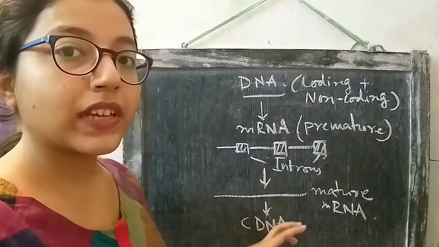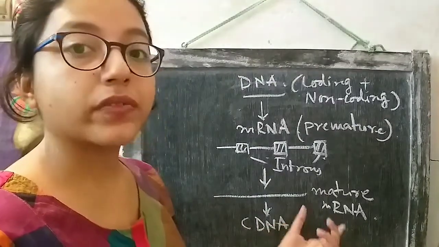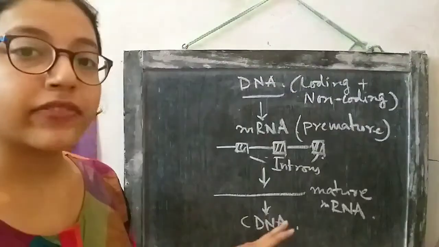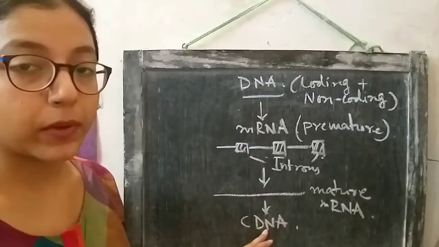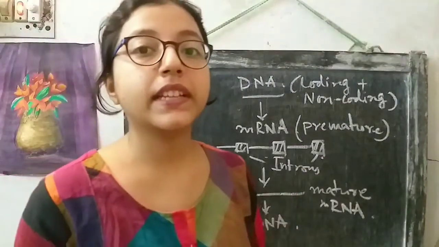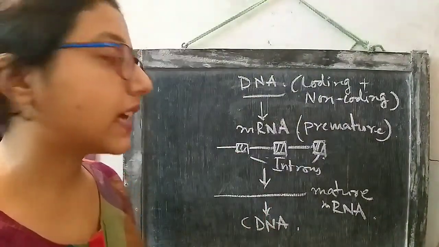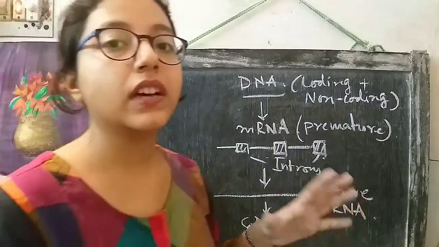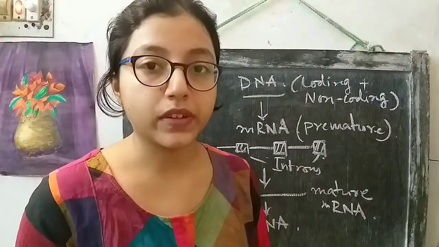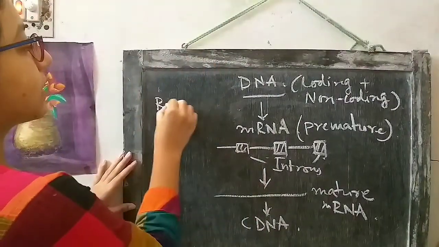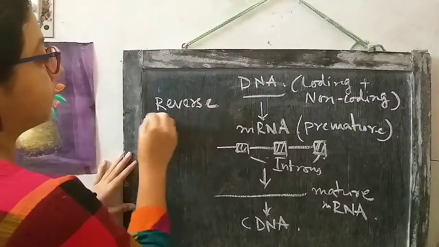What kind of enzyme is required for the conversion of an RNA to a DNA? There must be a specialized enzyme. Definitely it is a polymerase, a DNA polymerase. But what kind of DNA polymerase? It is an RNA dependent DNA polymerase. The polymerase that is involved in the formation of a DNA from an mRNA is called an RNA dependent DNA polymerase, also called reverse transcriptase.